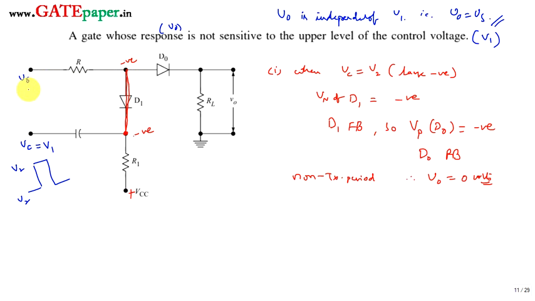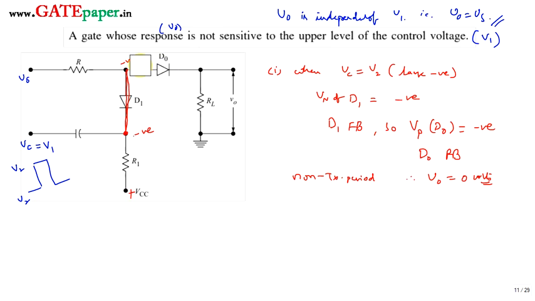You may think Vs may be positive voltage. That positive, if it is added, the effective voltage at P side will be negative only. That is the condition. So voltage on P side of the diode D0 is always negative during non-transmission period, so that D0 is always reverse bias. So output will be 0 volts.